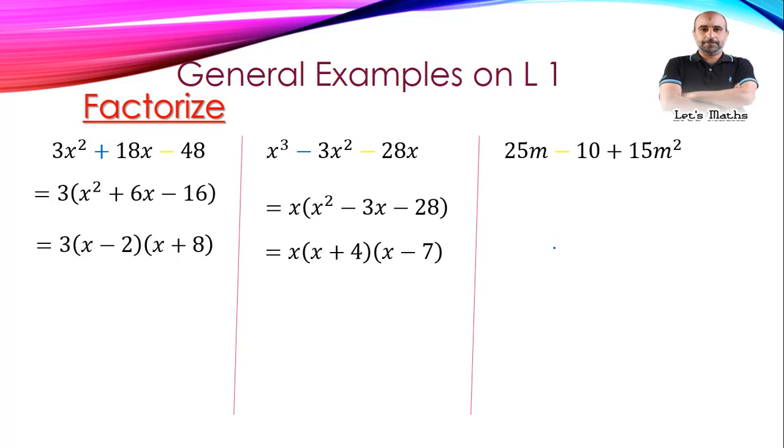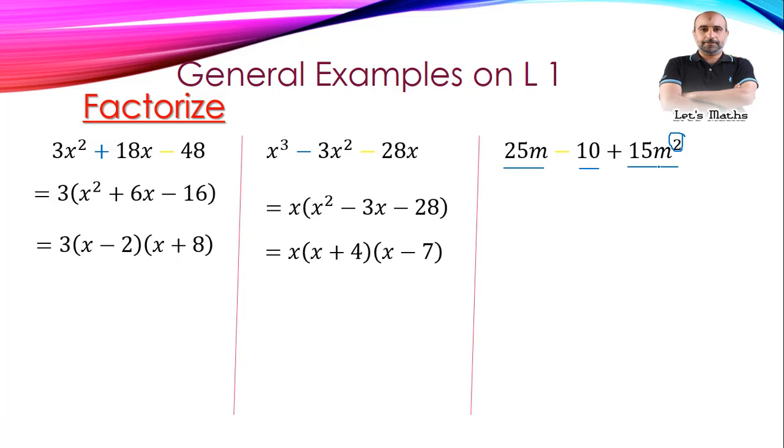The last one, find the highest common factor. Yes, there is a common factor, but look and concentrate. There is a mistake. Notice what? The order of the expression is different. Then we have to rearrange them descendingly, beginning with the greatest power.